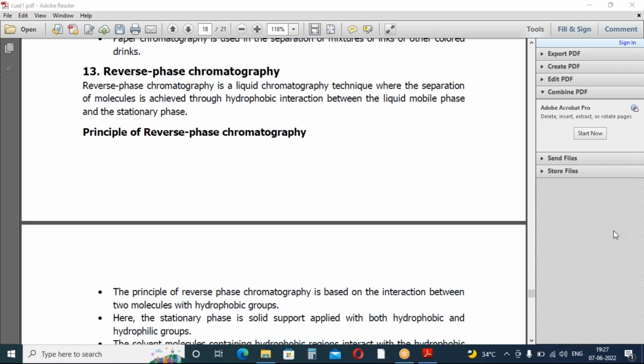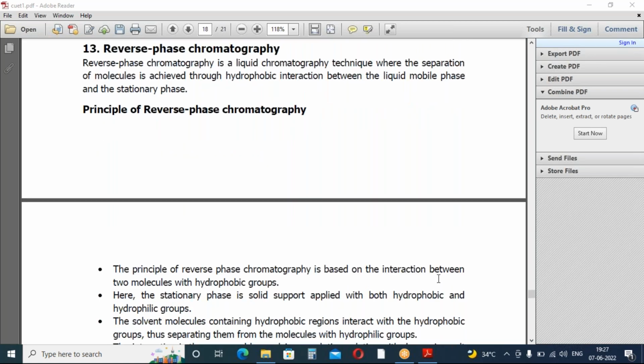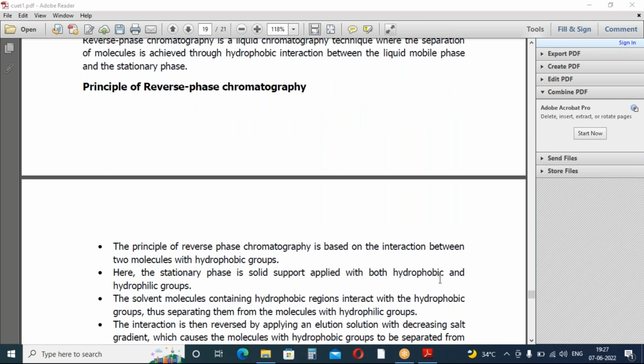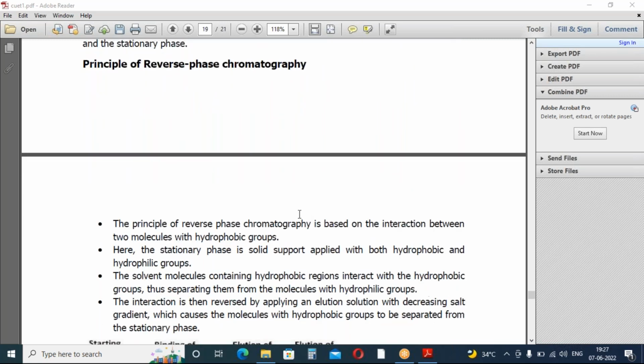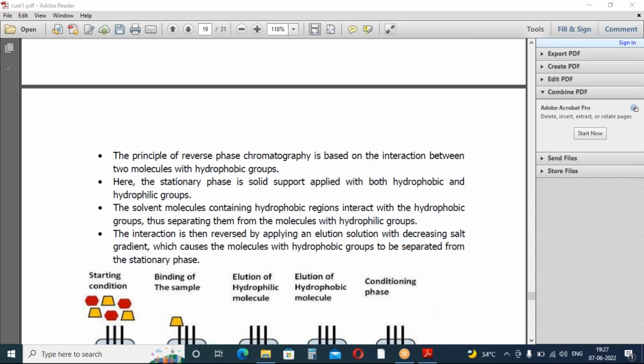The stationary phase is a solid support, and that should be applied with the hydrophobic and hydrophilic groups, whereas the solvent molecules containing hydrophobic groups interact with the hydrophobic groups, and that causes the separation of hydrophilic ones. Okay, and this is also called reverse phase chromatography.